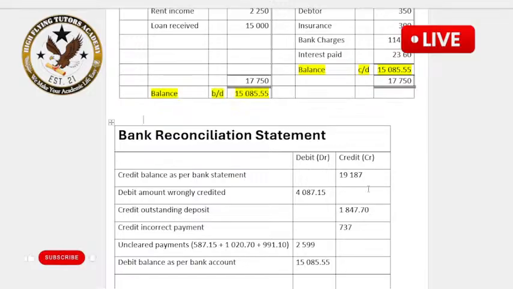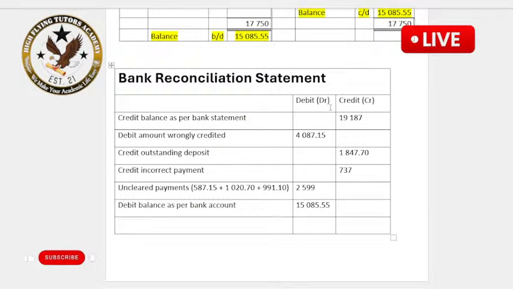So now we are done with everything. Let's go to the debit side. Let's calculate the debit side and credit side and tell me how much is the amount, because remember the totals must be equal. The debit side must be equal to the credit side. So let's just double check and tell me the amount. Indicate on the chat if it balances.